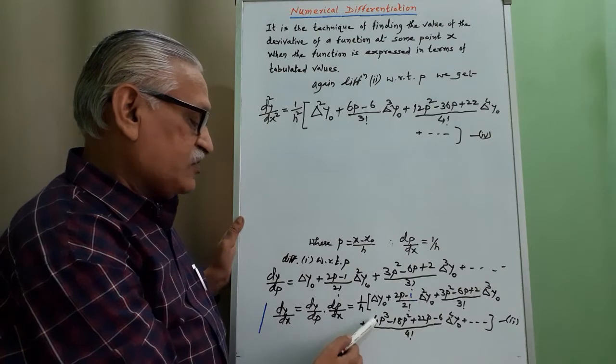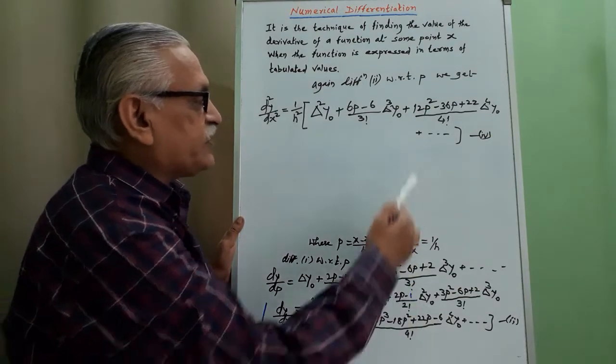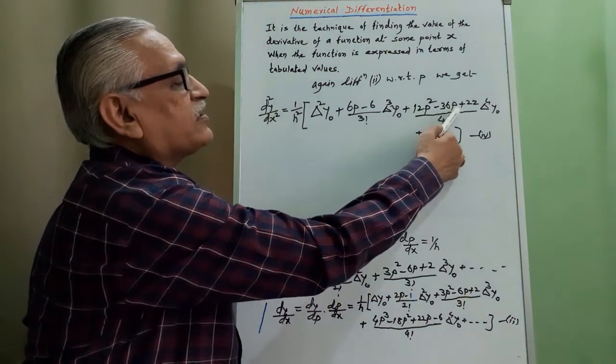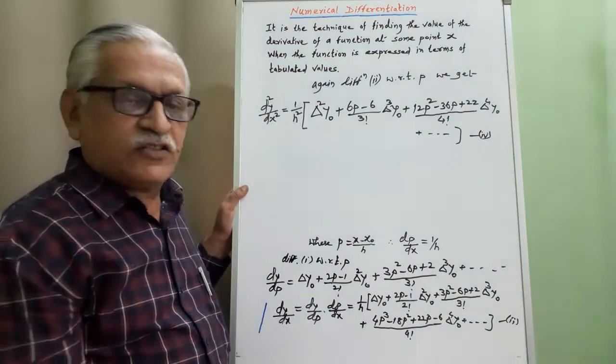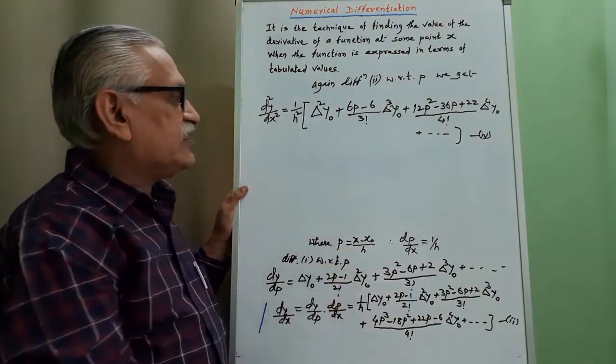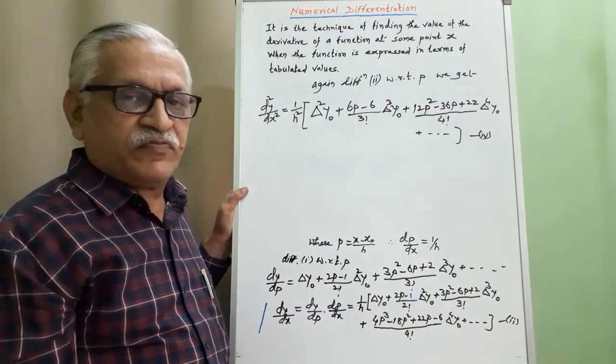Next, it is 12p square minus 36p plus 22 divided by 4 factorial into del raised to 4 y0, and so on. Therefore, this is the formula to find out the second order derivative.